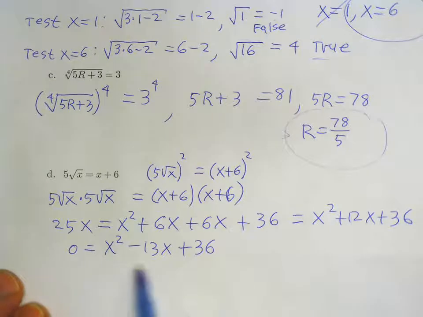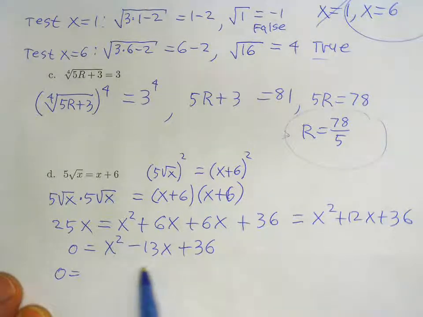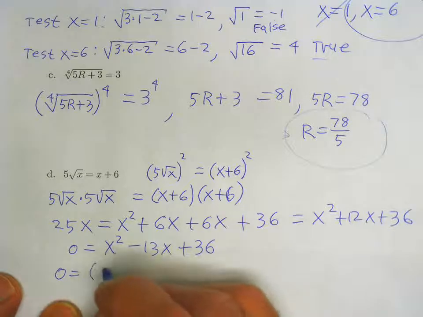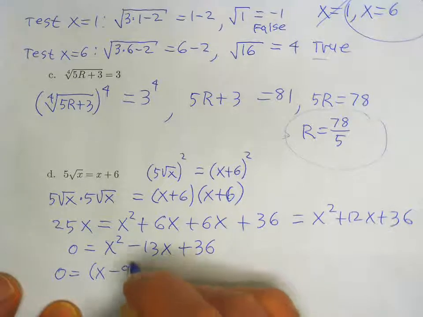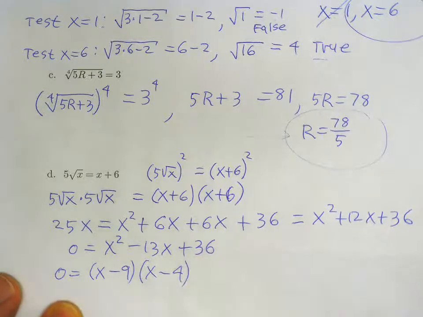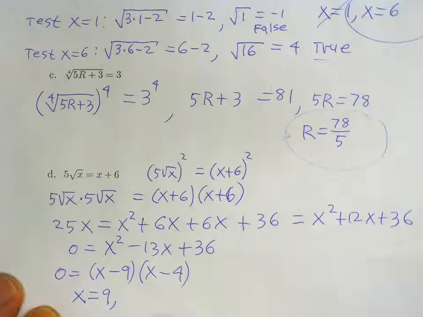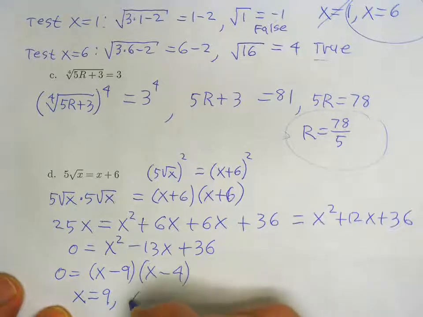And we can solve this equation by factoring. This factors pretty nicely. One factor is x minus 9, and the other one is x minus 4. So this equation has two solutions. This trinomial equation has solutions x equals 9 and x equals 4.